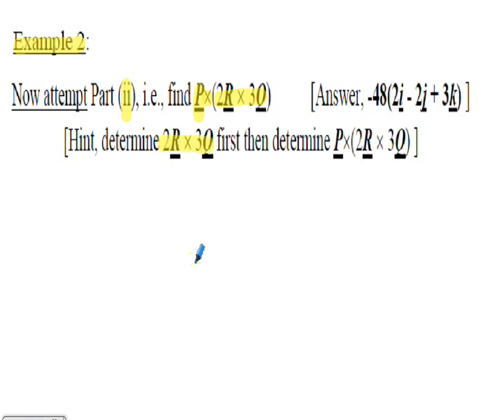So in other words, factor vector r by 2 and then factor vector q by 3 and multiply those terms as a cross product. And then form the cross product of p multiplied by the 2r and crossed with 3q. The answers are given here and the solutions are shown on the following slides, but I'd encourage you to stop the video and attempt part 2 of example 2.